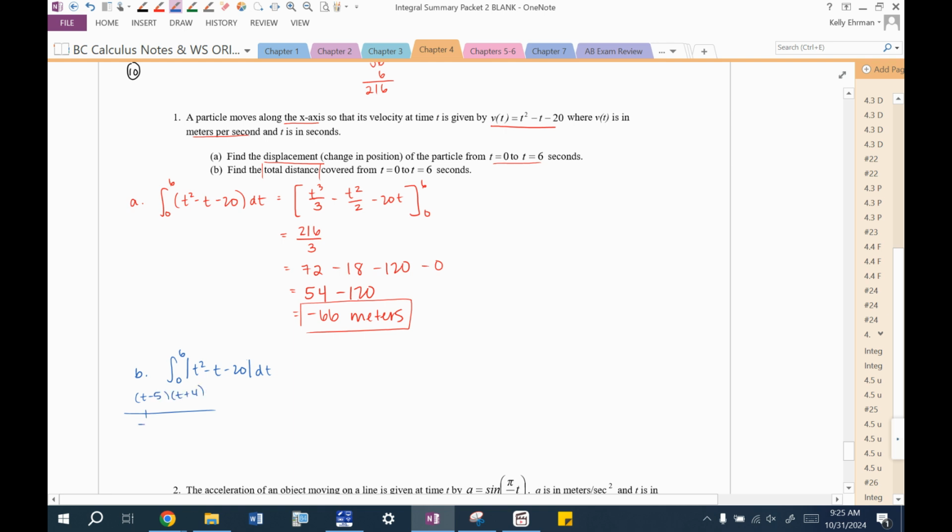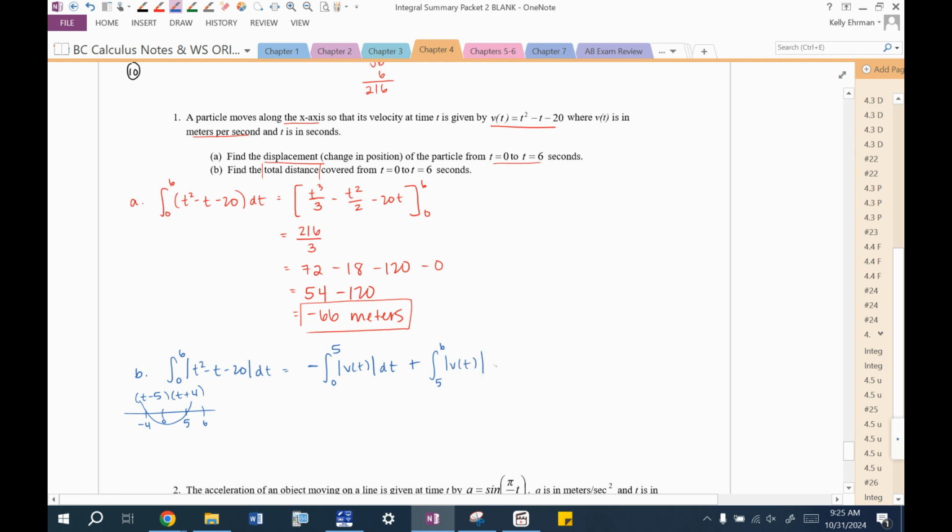So we can say, okay, it's got negative 4 to 5. It's got those zeros, but we're only looking at 0 to 6. So 0 to 5 is going to have to get a negative on it. Add to that 5 to 6, which is a positive area.